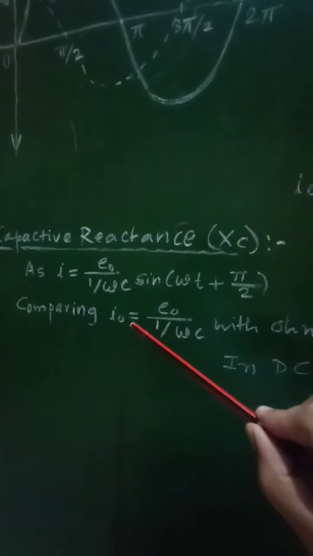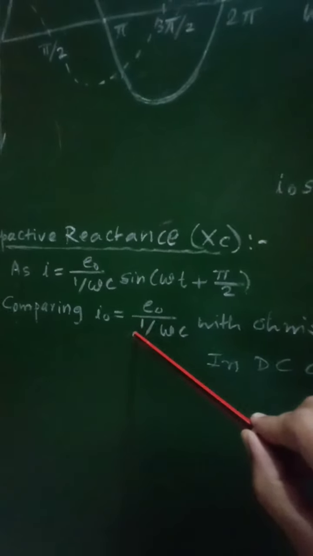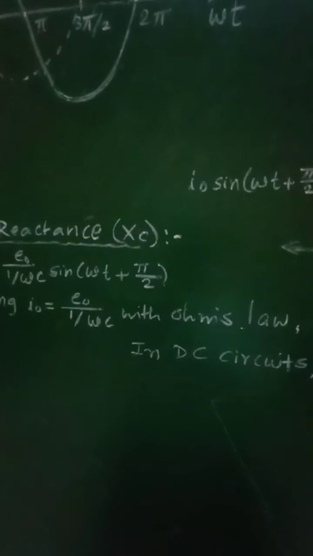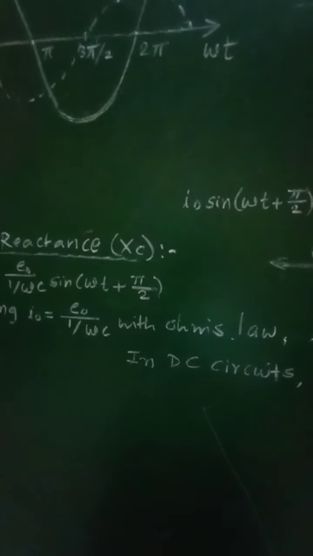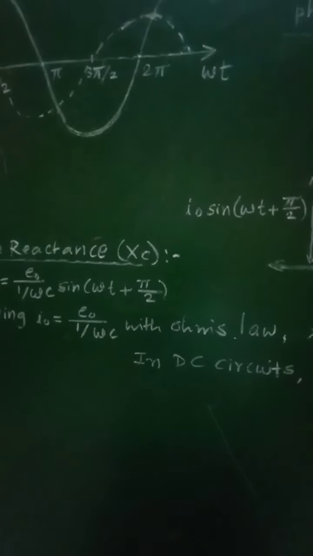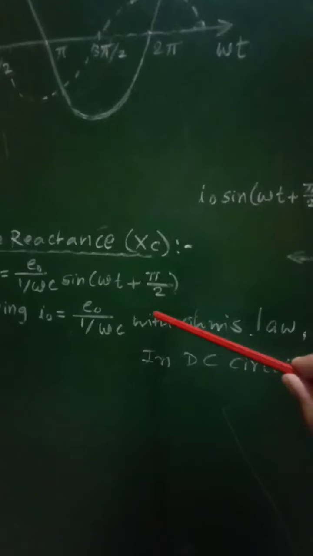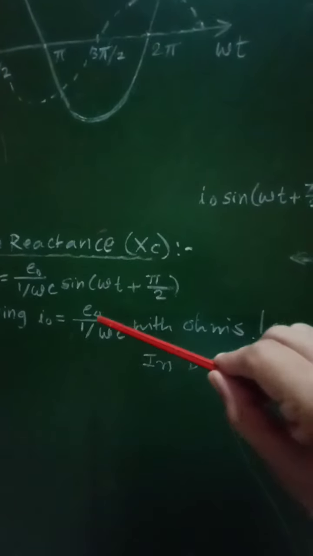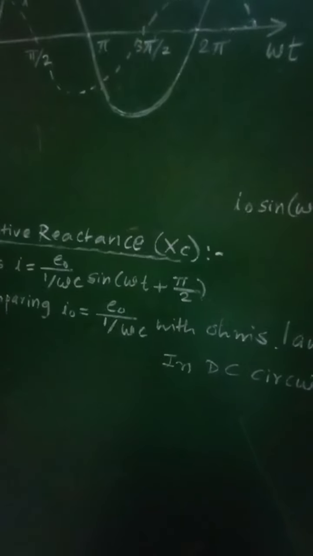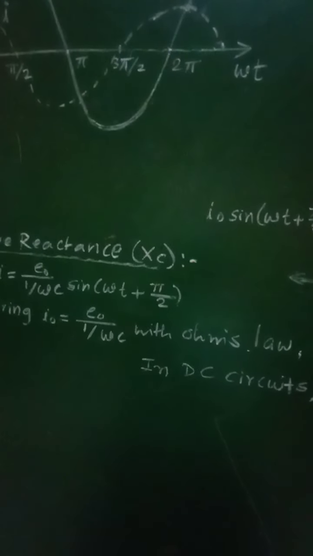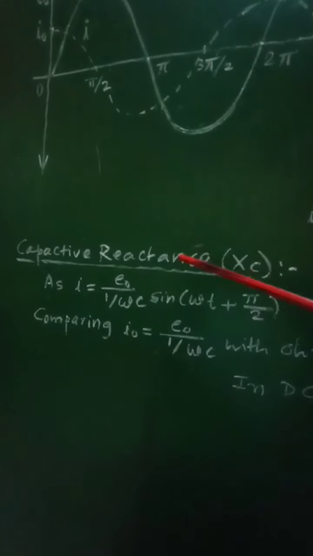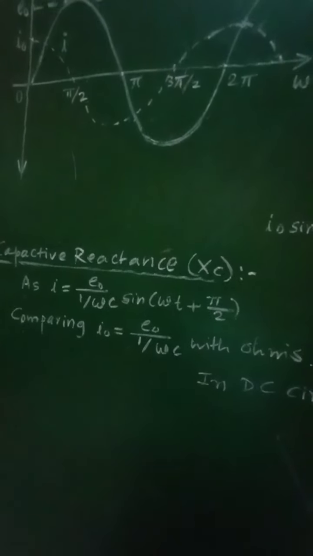Then from this, the term E0 upon 1 upon omega c represents the peak value of current I0, and comparing I0 equal to E0 upon 1 upon omega c with Ohm's law, according to Ohm's law current I will be equal to V by R. Therefore, this term 1 upon omega c will represent resistance in that circuit, and that resistance will be called the capacitive reactance Xc.